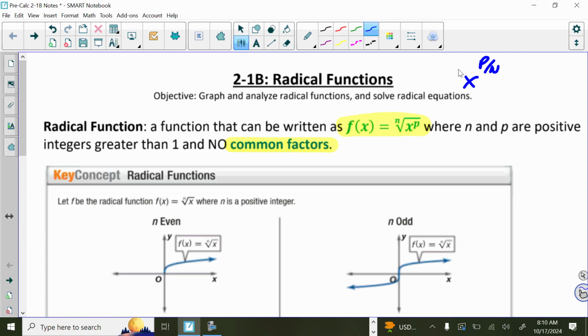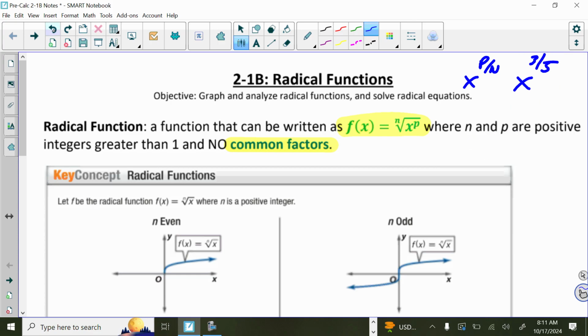For example, x to the 3/5 power is the same as the 5th root of x cubed. We looked at these yesterday in fraction form, and now we're going to look at them in radical form.